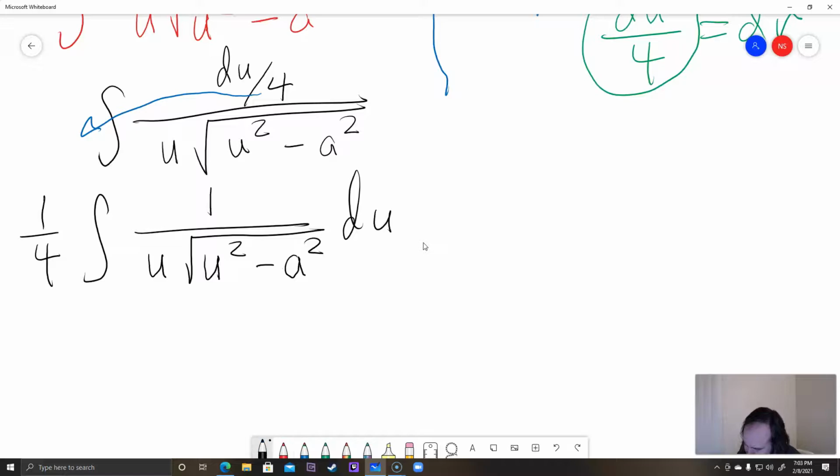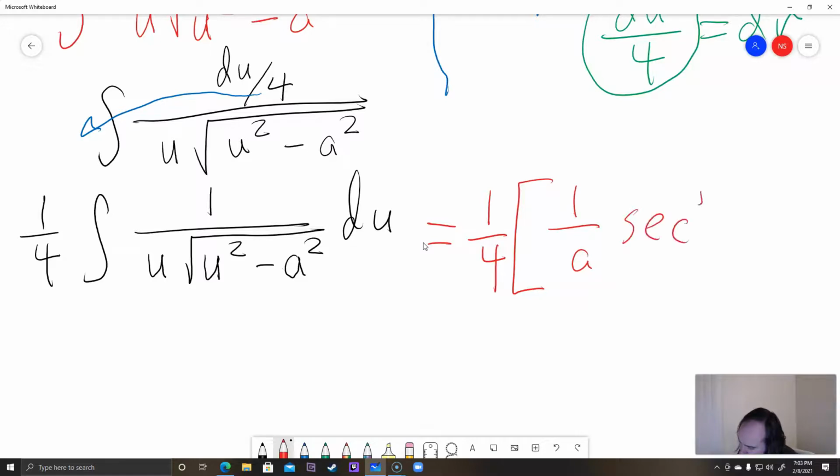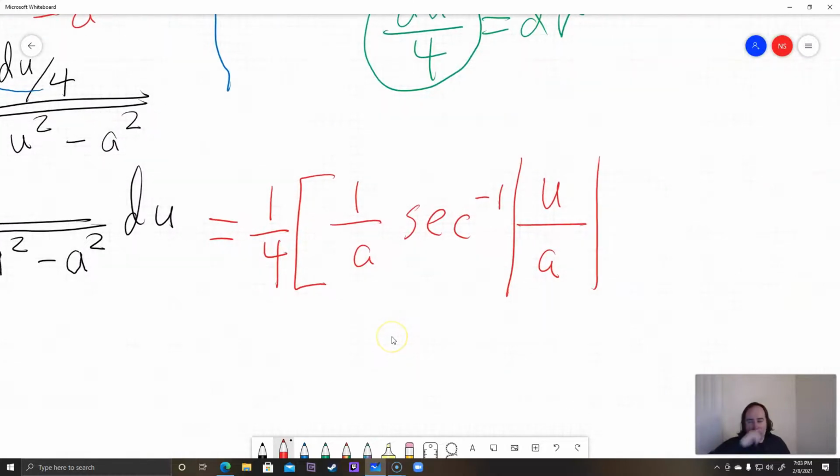So we still have a 1/4 out front. That's the only thing that's different about this. So we have 1/4 times 1 over a secant inverse of absolute value of u over a plus c.